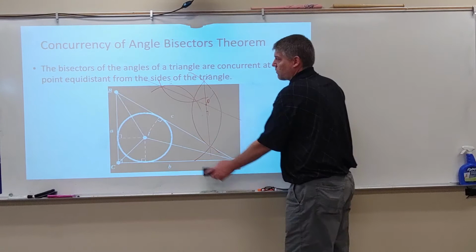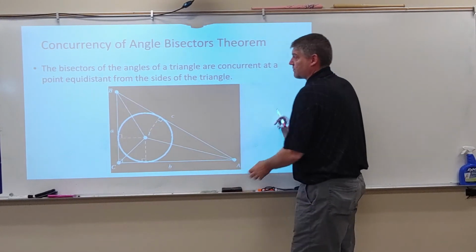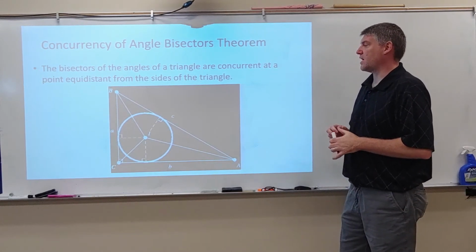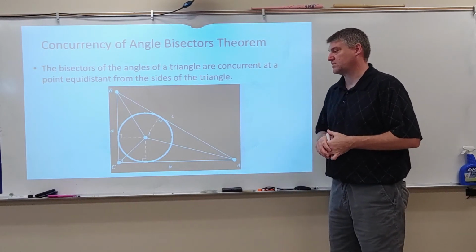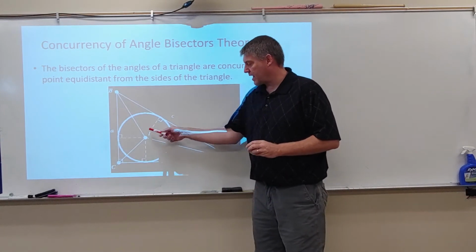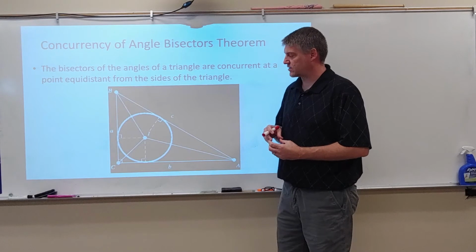Now we're going to talk about the concurrency of angle bisectors. The bisectors of the angles of a triangle are concurrent at a point equidistant from the sides of the triangle. Now we're taking a circle and inscribing it inside the triangle.